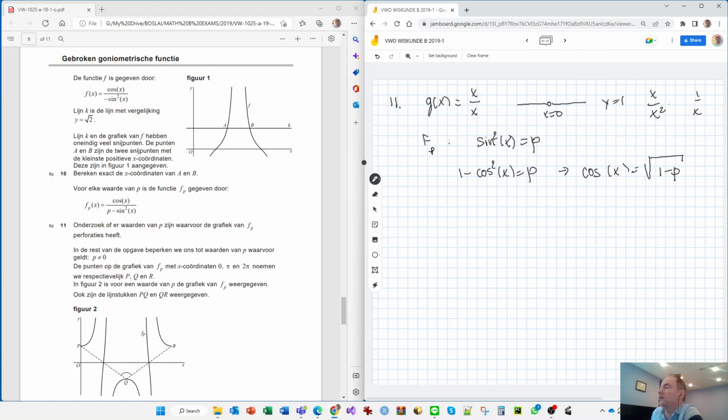And since the cosine here is in the numerator, it will be actually non-zero for all p not equal to 1. So that's not a discontinuity. No discontinuity. Let me abbreviate it.